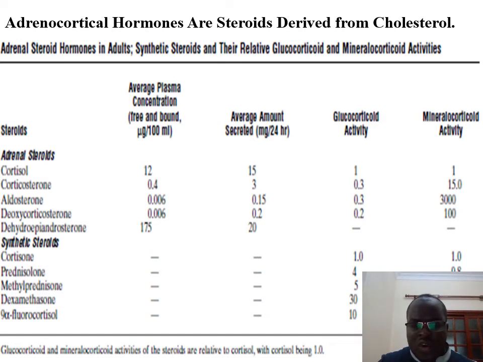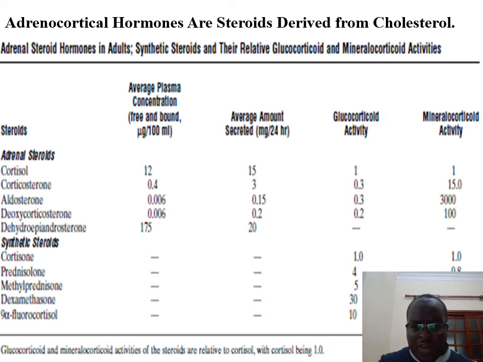The glucocorticoid activity of cortisol is 1. The mineralocorticoid activity of cortisol is 1. So it means that cortisol can function as glucocorticoids. It will have an effect on glucose, fat, and protein, or it can function as mineralocorticoid. It has got an effect on electrolytes, especially potassium and sodium.